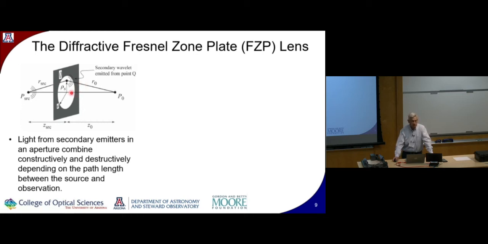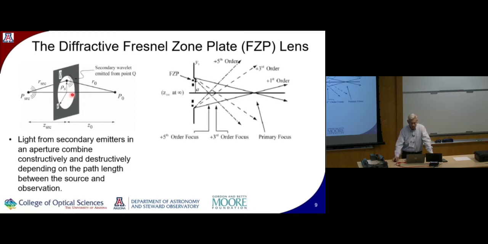The problem is circularly symmetric, so you realize these are rings. So what we do is we now have a profile view of the system, and we just block the rings that are destructive interference. So what we wind up with at our primary focus point is nothing but constructive interference. We have a focus, okay?